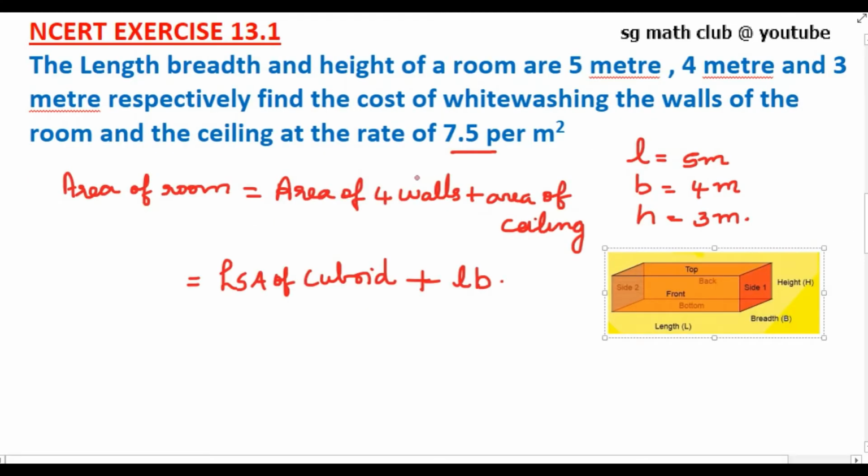In the previous video we have seen that area of 4 walls, that is lateral surface area of the cuboid, is nothing but 2 into (L plus B) into H. For the area of the ceiling, area of the top as well as area of the bottom is LB, area of front and back is LH, and the side 1 and side 2 area is BH.